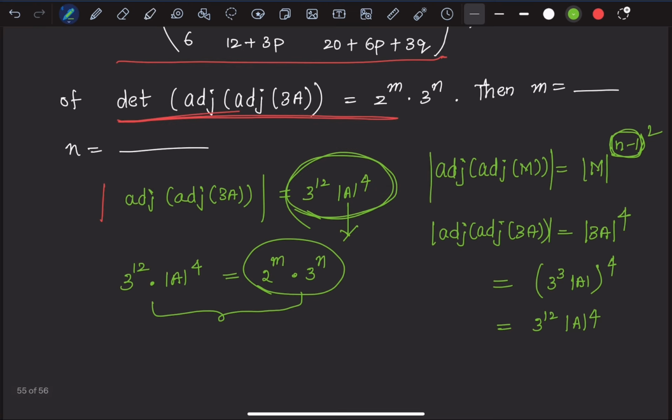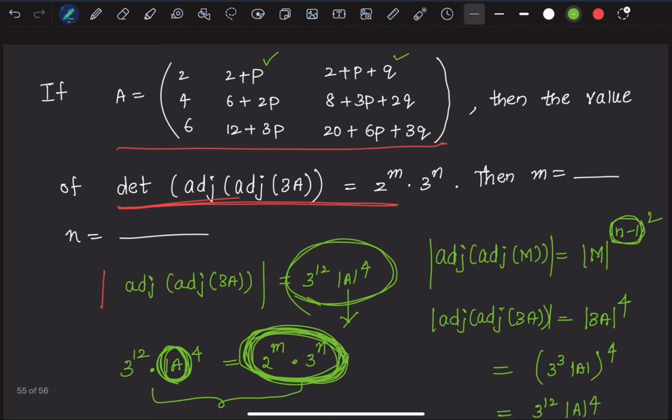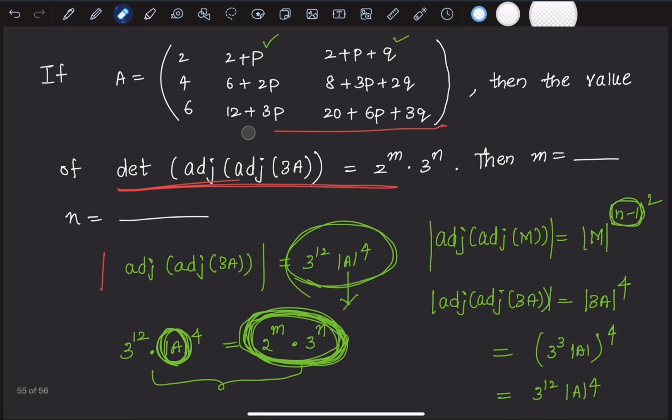So you can easily conclude that det A does not depend on p or q, because we don't have any p or q on the right hand side. The safe conclusion is that no matter what values you put for p and q, you will get det A as some constant value. Therefore you are free to choose values for p and q.